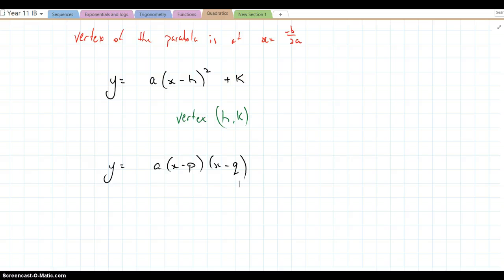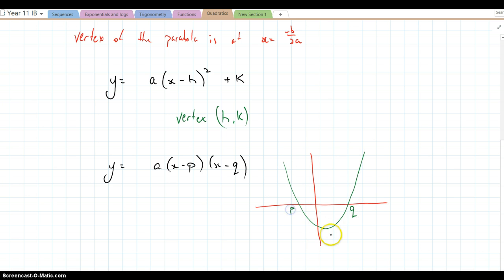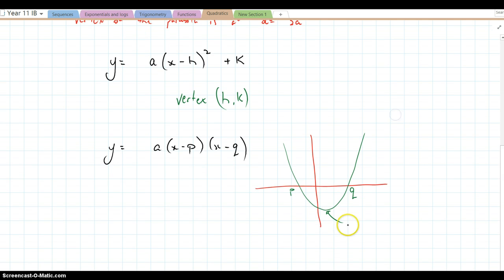In fact, it doesn't matter if a is greater than 0 at all, it will have roots at p and q. And the vertex, which we know to be at x equals minus b over 2a, we could also acknowledge is equal to (p plus q) over 2, just halfway between p and q.